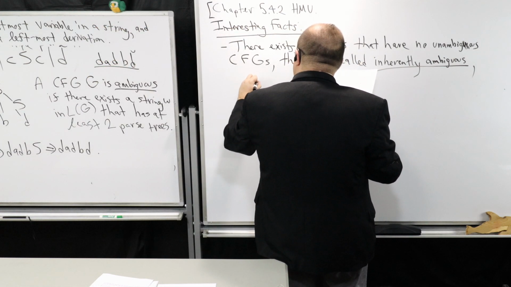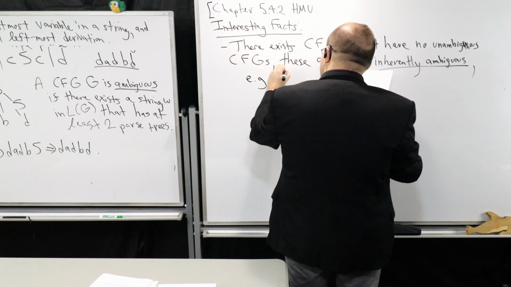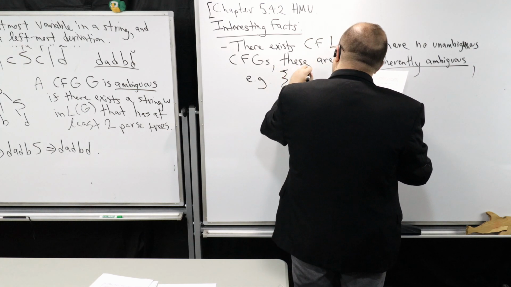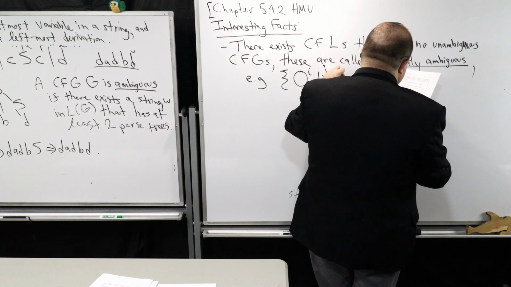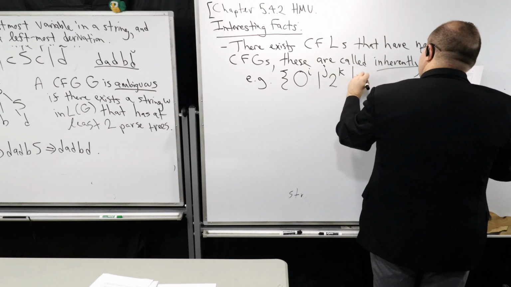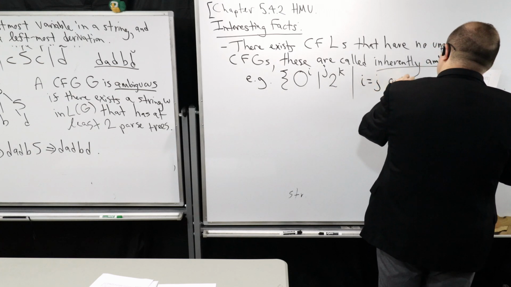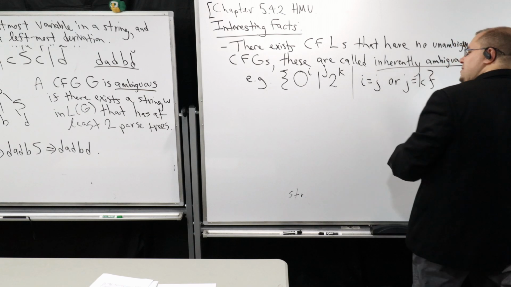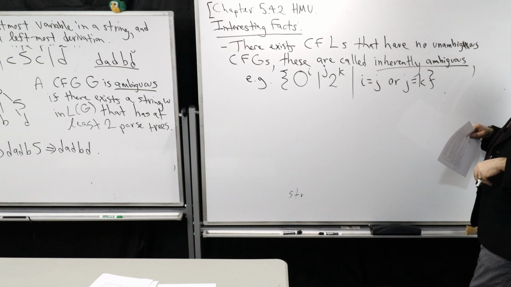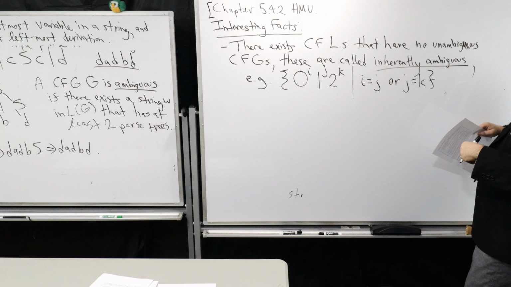So just as an example, they don't have to look that complicated. Here's an example of one: 0 to the i, 1 to the j, 2 to the k, such that i is equal to j or j is equal to k. That doesn't look too complicated, right? But this is a very basic example of such a thing.